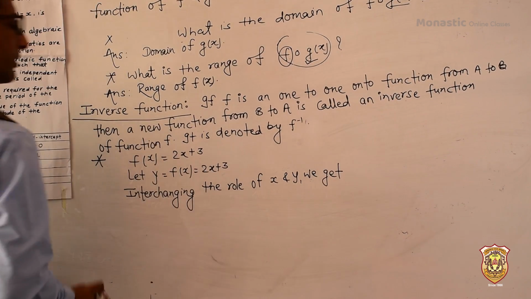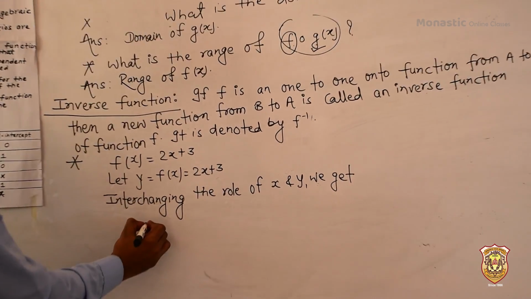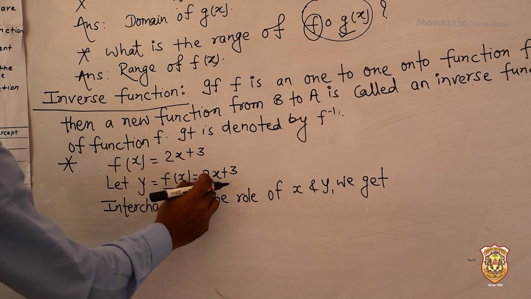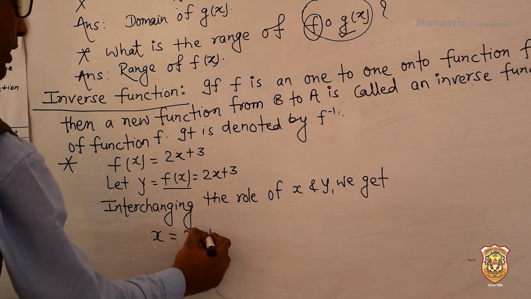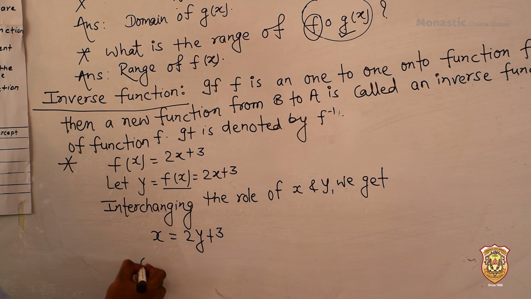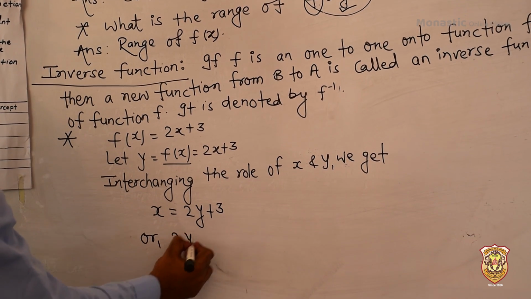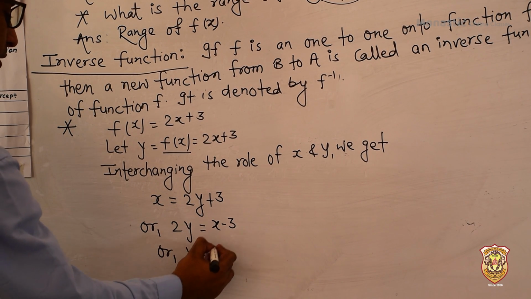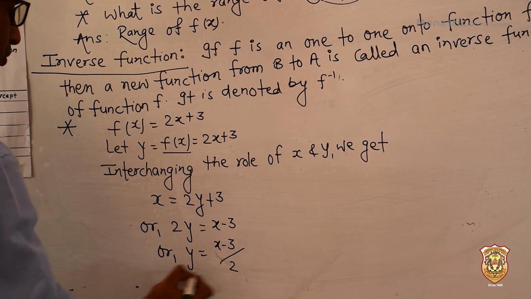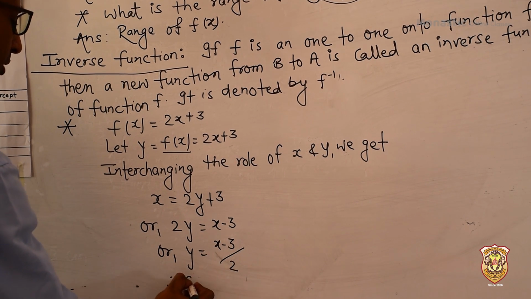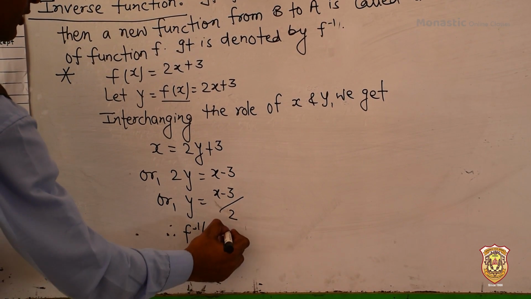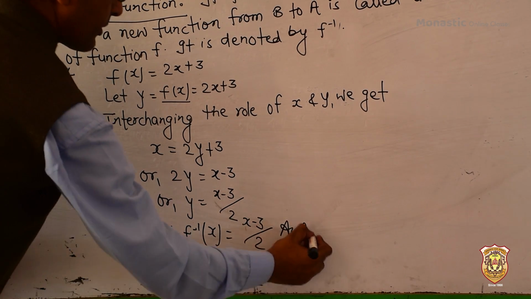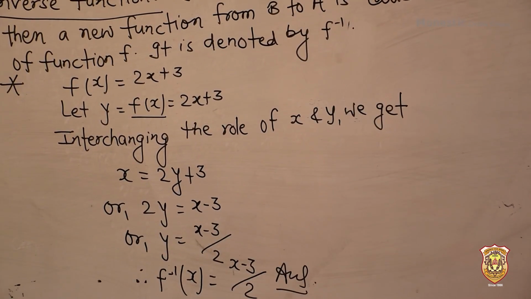When we say interchanging the position or role, it means where there is y, instead of that we will write x. Now in place of x we have to write y. And we want to find the value of y. So we can write 2y is equal to x minus 3, or y is equal to x minus 3 by 2. Whatever the value of y came, that's the inverse function. That's the way to find out the inverse function.